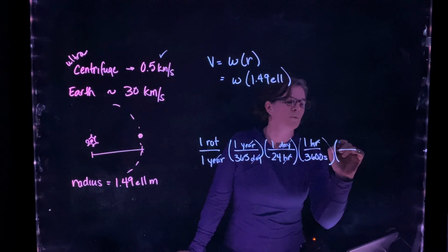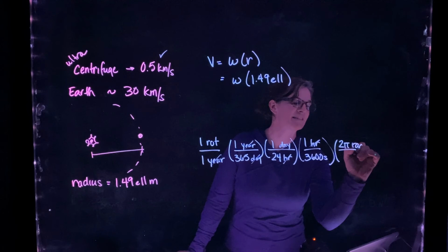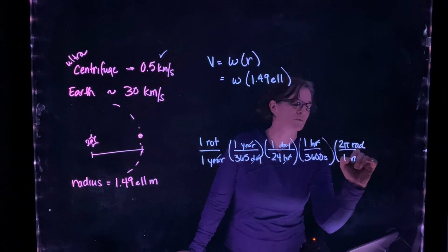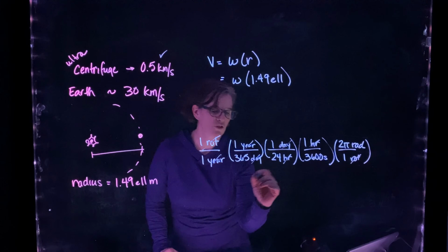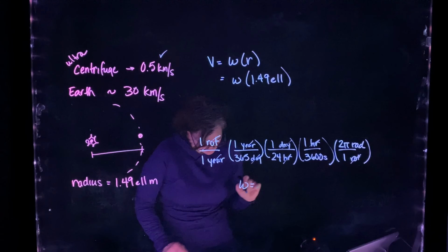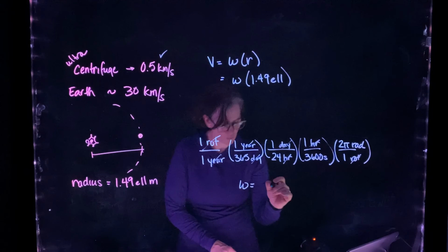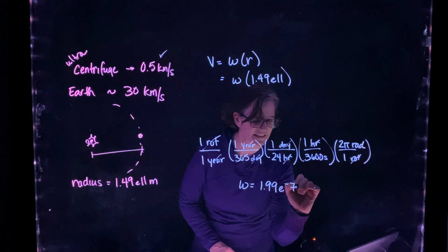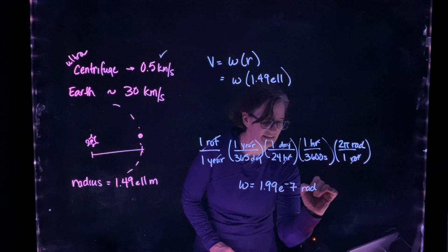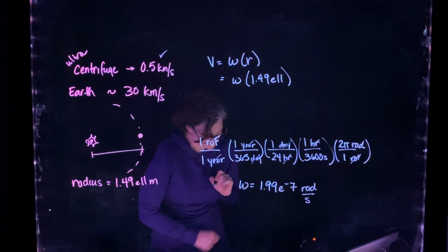We know there are 2 pi radians in 1 rotation. So we end up with omega, which is equal to 1.99 times 10 to the minus 7th radians per second.